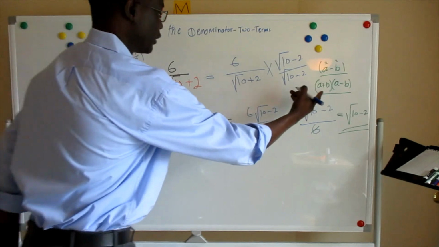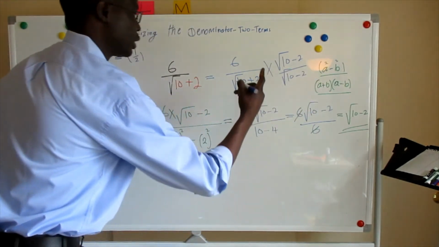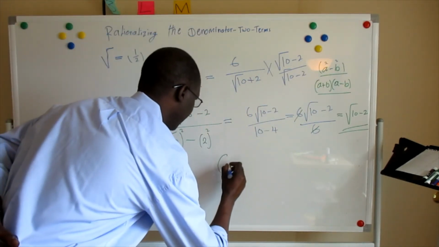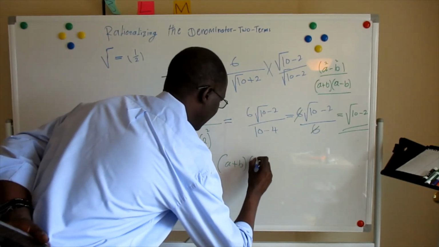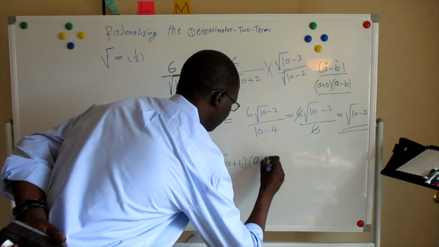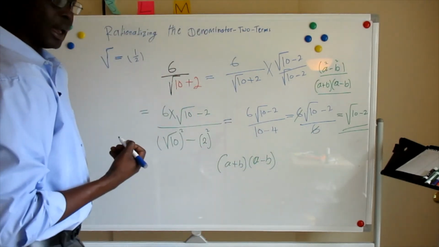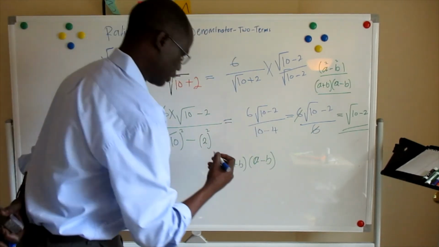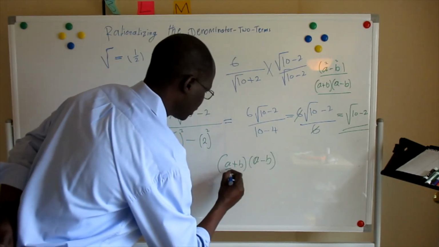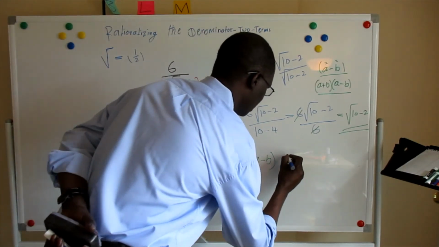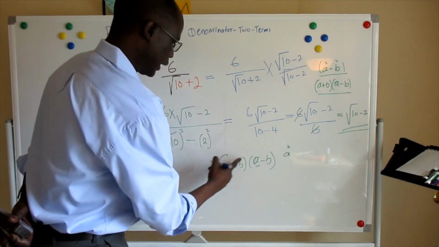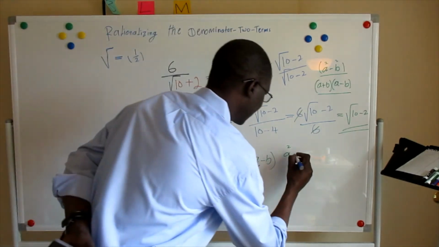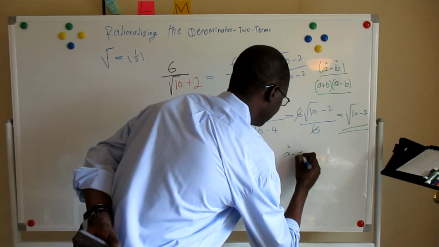If you want to be specific about how we get to this, if you have A plus B times A minus B, let's just do a simple multiplication. A times A, you're going to get A squared. A times B, you're going to get minus AB.